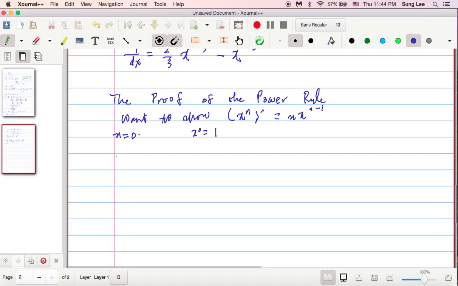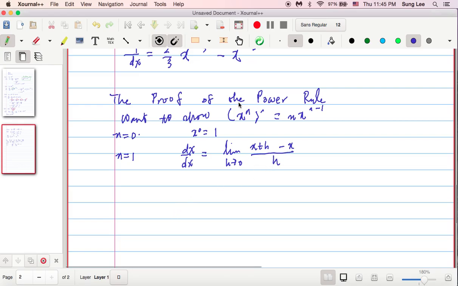So let's start with the n equals 1 case, okay? So the derivative of x with respect to x. How do you find it? That's going to be the limit as h goes to 0 of x plus h minus x, all over h.